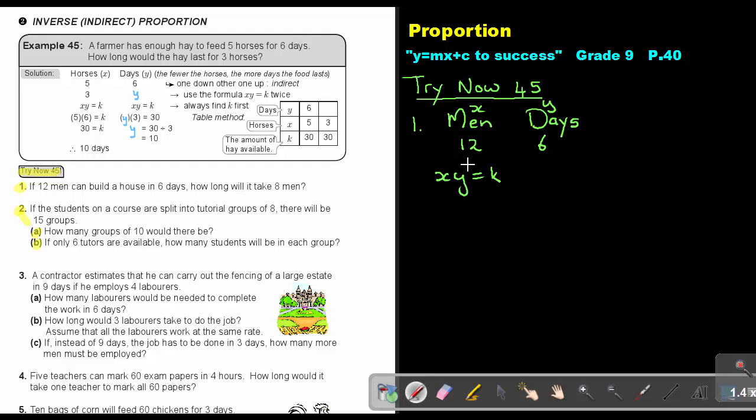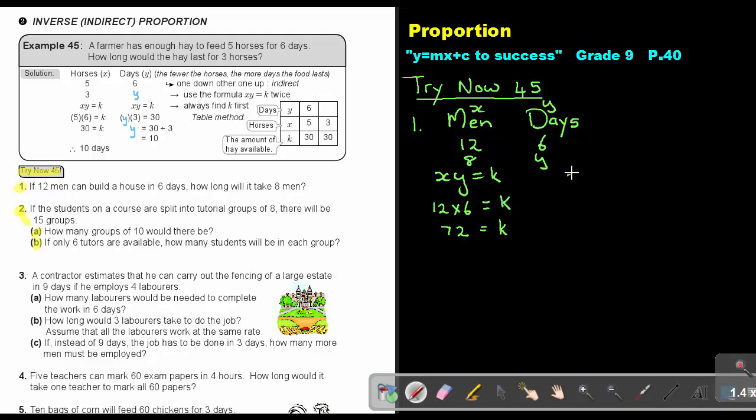How long will it take 8 men? So we can just fill it in here, 8. And I don't know this one, so it's y. So we use this formula. We're going to say 12 times 6, and that's going to give me the value of k. So I'm going to get an answer of 72. So k is 72.